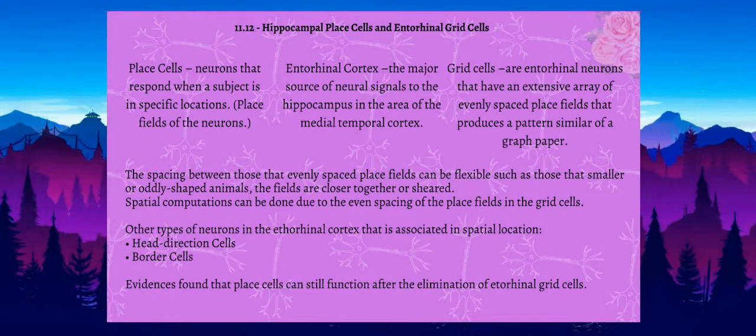But the discovery that hippocampal place cells emerged in rat pups prior to the appearance of stable entorhinal grid cell firing takes away from the idea that input from entorhinal grid cells is essential for hippocampal place cell function. There is also evidence that place cells can still function after the elimination of entorhinal grid cells.